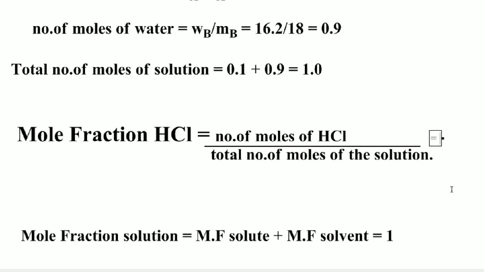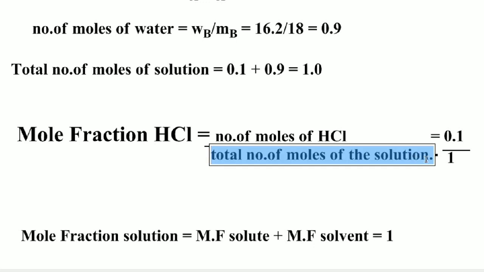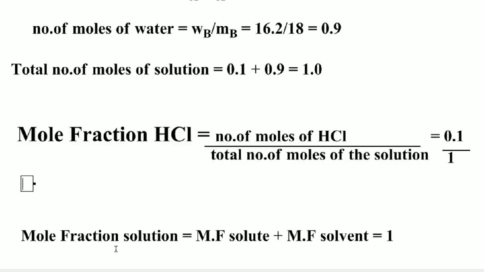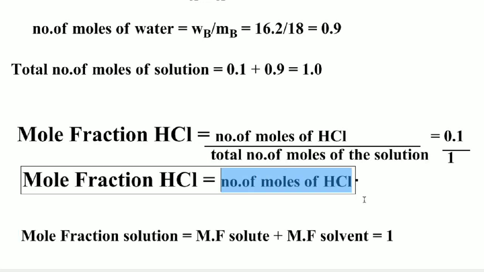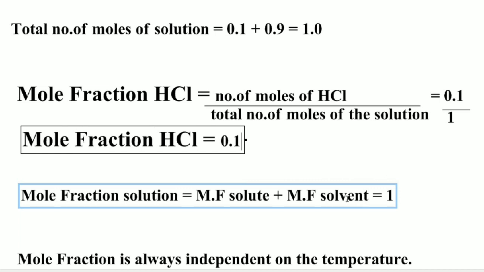Here the number of moles of HCl is 0.1, and the total number of moles of the solution is 1. Therefore, students, the mole fraction of HCl is equal to 0.1.